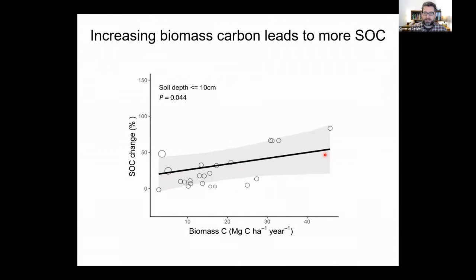So systems that are growing faster in terms of their vegetation increase their amount of soil organic carbon faster as well, and add more carbon into the system. So that leads us to the idea that anything that we can do to help increase the amount of plant and tree biomass is going to be beneficial for the overall carbon in the system.